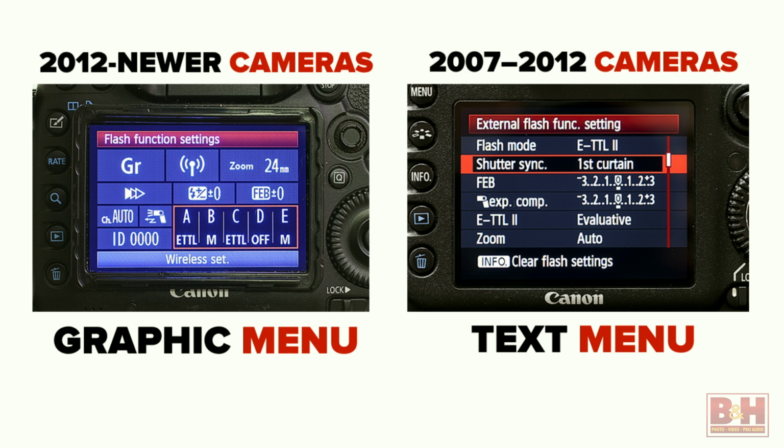For instance, the 5D2 was introduced in, let's just say 2008 or 2009. It doesn't matter. I do know that it was before 2012, which was when the 5D Mark III was introduced. This 2012 date that you'll hear me talk about, 2012 or newer.